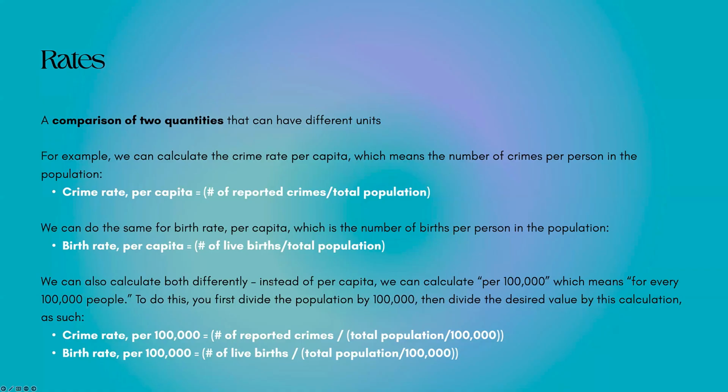So instead of doing per capita, we can say per 100,000 people, which means how many births or how many crimes per 100,000 people in that area. But to do this, you have to do an extra division step. So you first divide the total population by 100,000 and then divide crimes by that new calculation. So crime rate per 100,000 would be number of crimes divided by total population divided by 100,000.